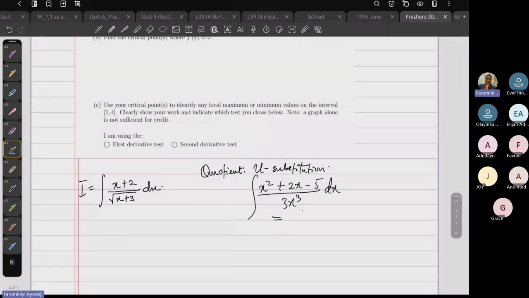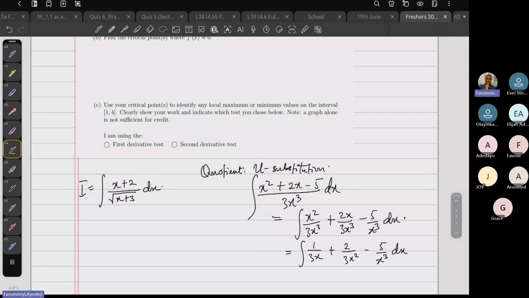You can split it into x squared over 3x cubed plus 2x over 3x cubed minus 5 over 3x cubed. Then each of these can be broken down. x squared over 3x cubed is 1 over 3x. 2x over 3x cubed is 2 over 3x squared. Then you have minus 5 over 3x cubed.